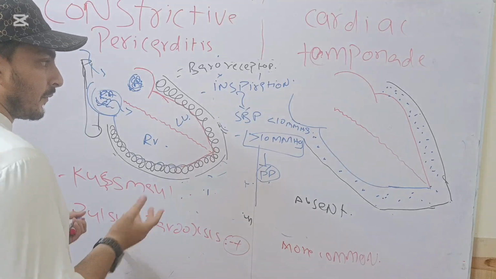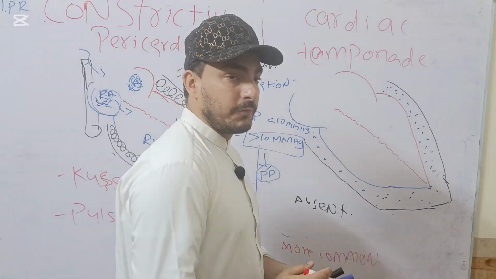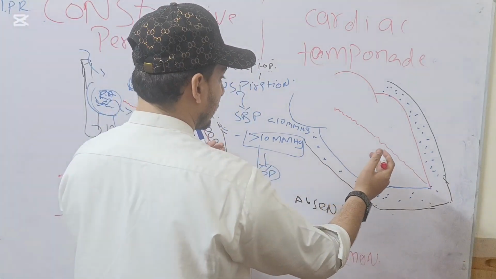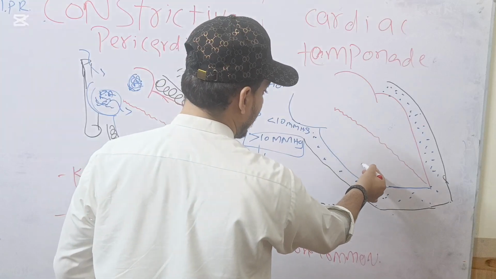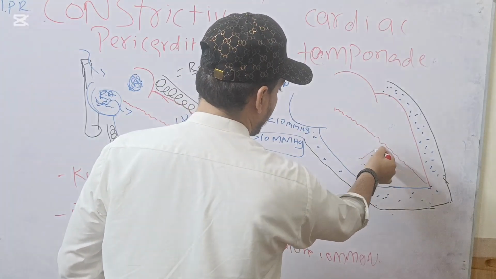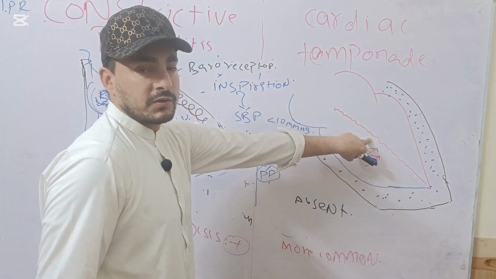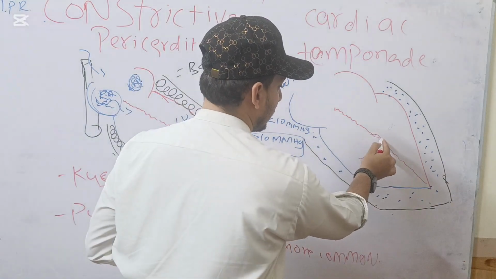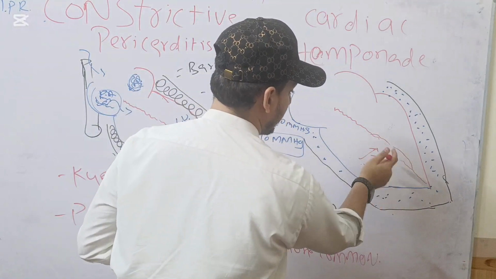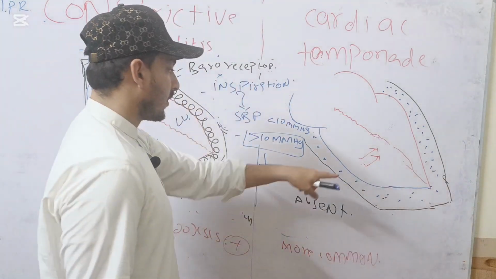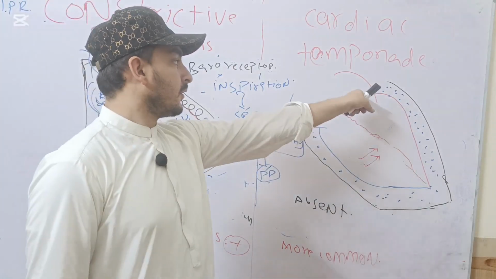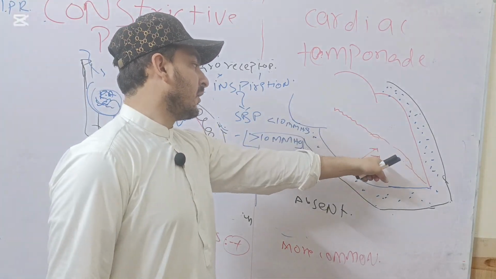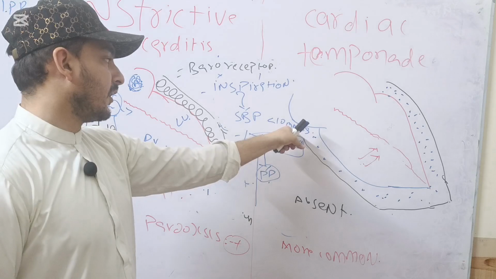Let's assume that if we inspire, the heart becomes relaxed. In the right ventricle the pressure goes onto the septum, and the septum shifts a little. So there is a drop in cardiac output, and the BP drop is less than 10 mmHg.